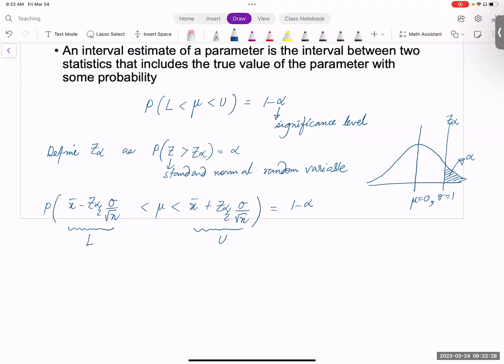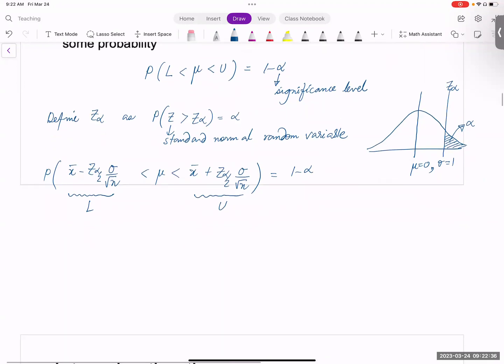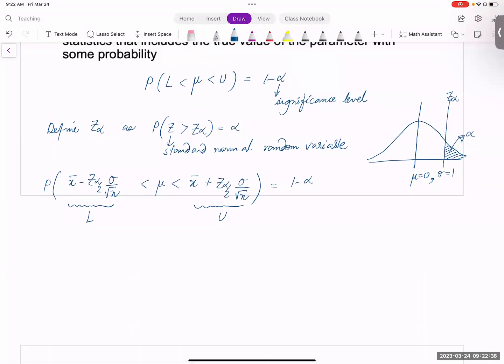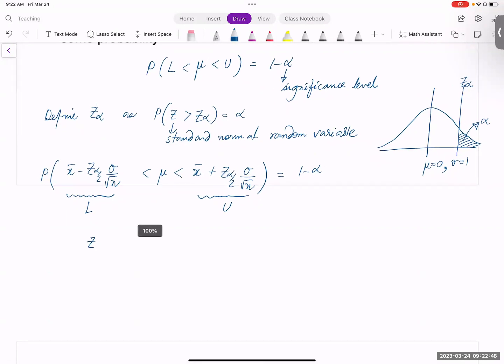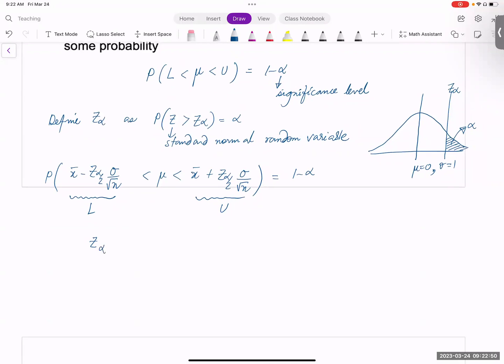Okay, good. Now this alpha is usually given to you. You don't have to compute alpha, but you might need to compute z alpha over 2 given alpha, right? So z alpha, without going into the derivation of how to compute this, you can compute z alpha.